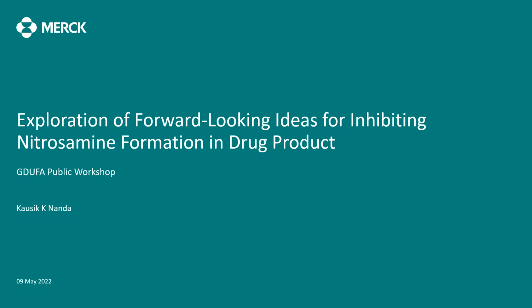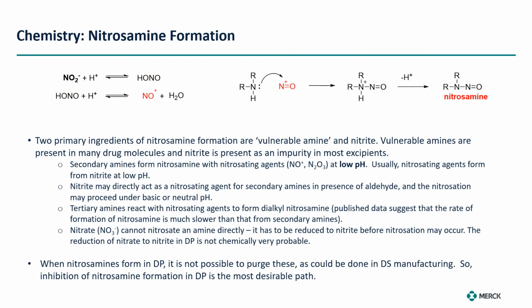Our research has demonstrated that it may be feasible to inhibit nitrosamine formation in drug product, both in solid dosage form and in solution. Let's look at the chemistry of nitrosamine formation, although from a very high level.